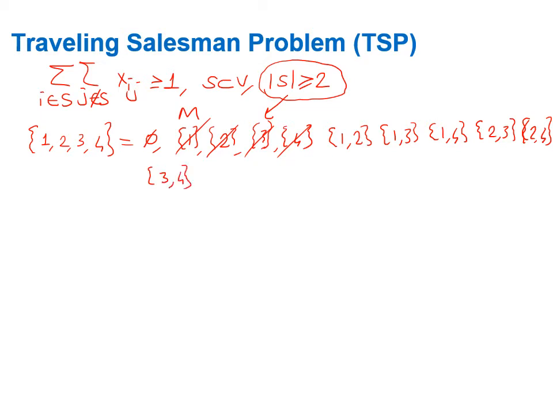So these are the subsets with two elements. Then we may have subsets with 3 elements. What are they? So 1, 2, and 3, 1, 2, and 4, then we may have 2, 3, and 4.